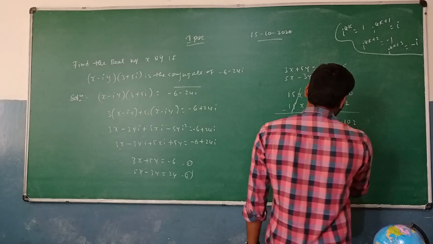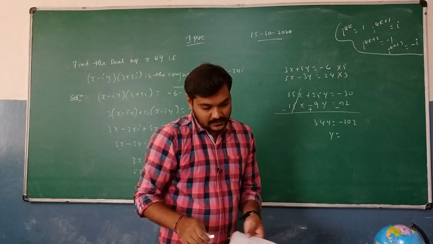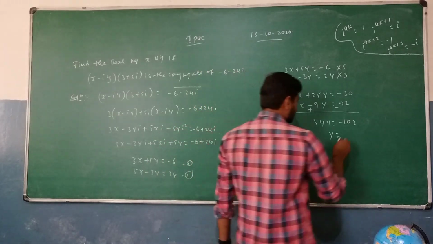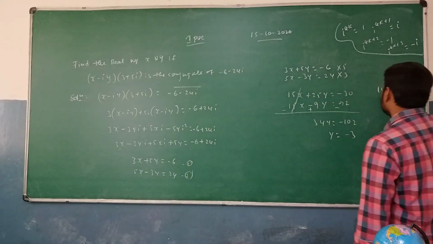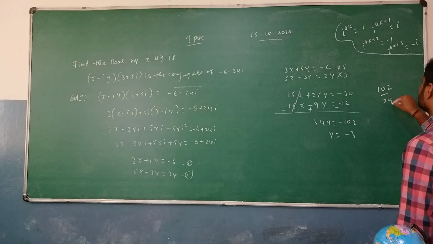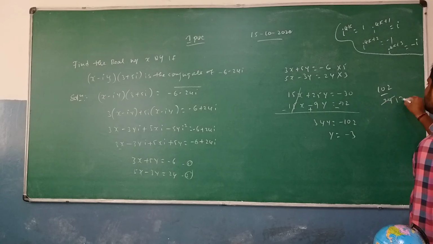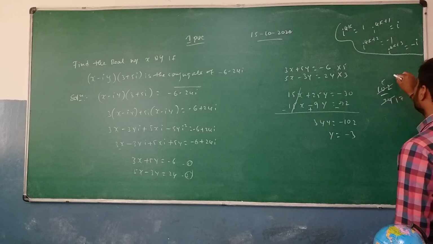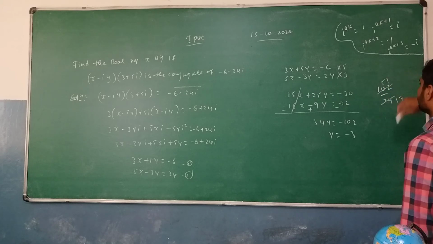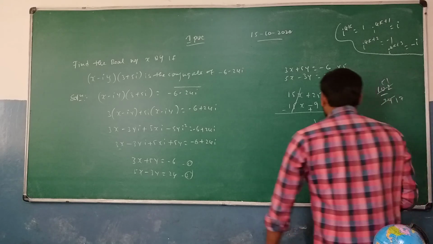So the value of y is equal to minus 3. Look at how it comes: 102 divided by 34, 17 threes are 51. So minus 3 comes.